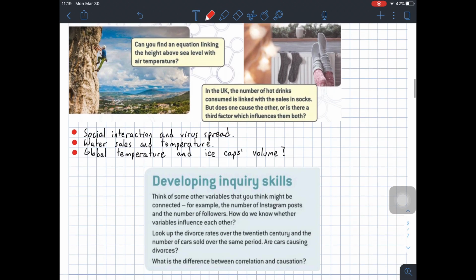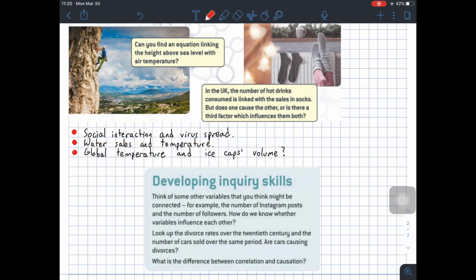Okay, other examples I thought of, which are more current to our lives right now: social interaction and virus spread. The more social interaction, the more a virus spreads. Okay, so in this case, social interaction would be the independent variable and virus spread would be the dependent variable.